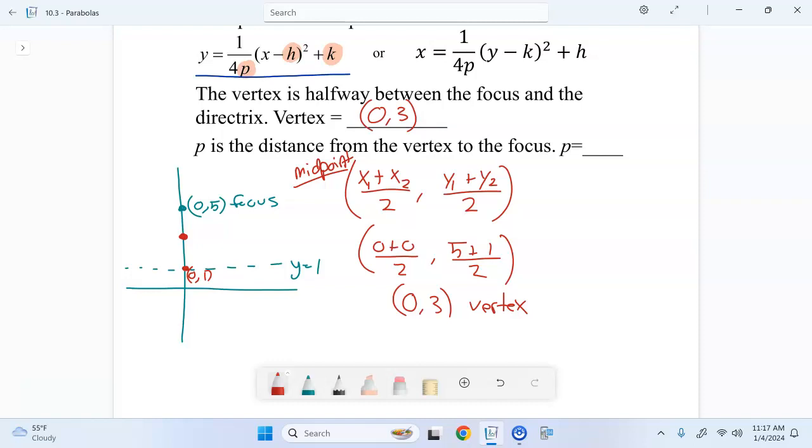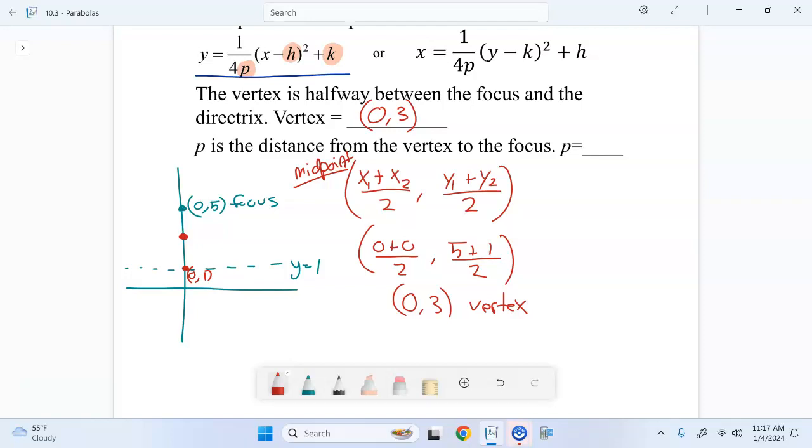Then we need to find the distance between the vertex and the focus. That's what our value of p is. That focal length is the distance between the vertex and the focus. Well, how do I find the distance between two numbers? That's how you find the middle between two numbers.